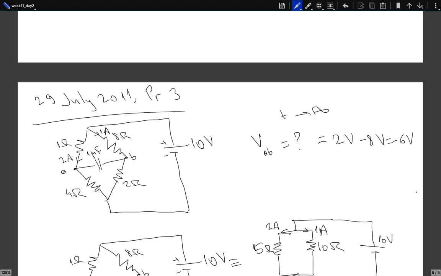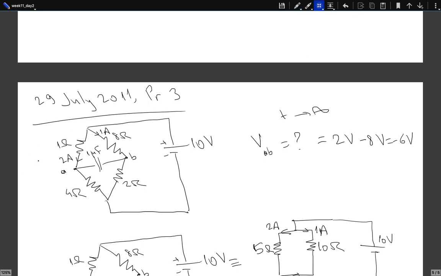Now we can ask a similar question. What are the currents running through, let's say, this resistor and this resistor at t is equal to 0? Before it was the steady state. Now we can ask the question, if there is a switch over here, initially the capacitor is empty, what is the current running through these resistors when the switch is closed? An alternative question.